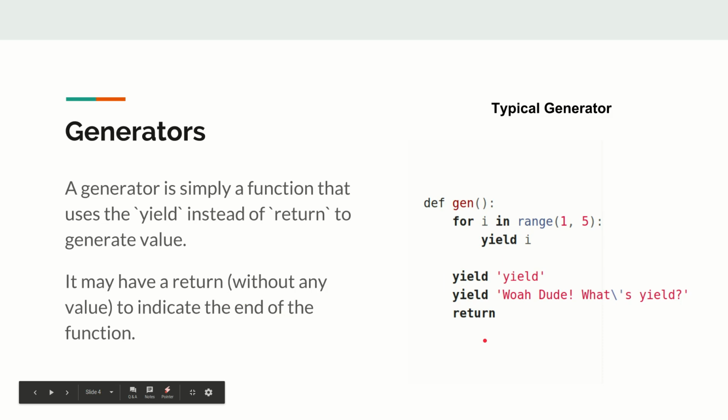So when the generator first executes, this for loop gets executed 4 times with the values 1, 2, 3 and 4. So for the first time it takes a value of 1. On the first iteration, the iterator variable has the value of 1, and it runs the yield I, that is, it returns the value of I to its caller, and the execution of this generator pauses at this point.